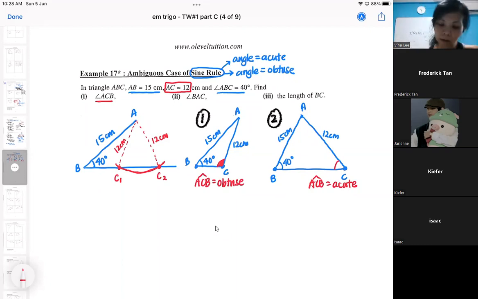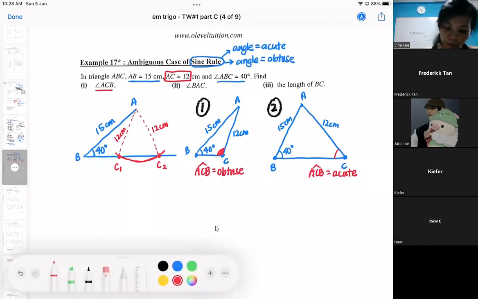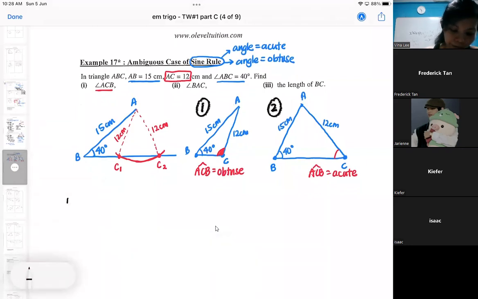It doesn't matter, you can just do your sine rule as per normal first. You will get your acute angle.